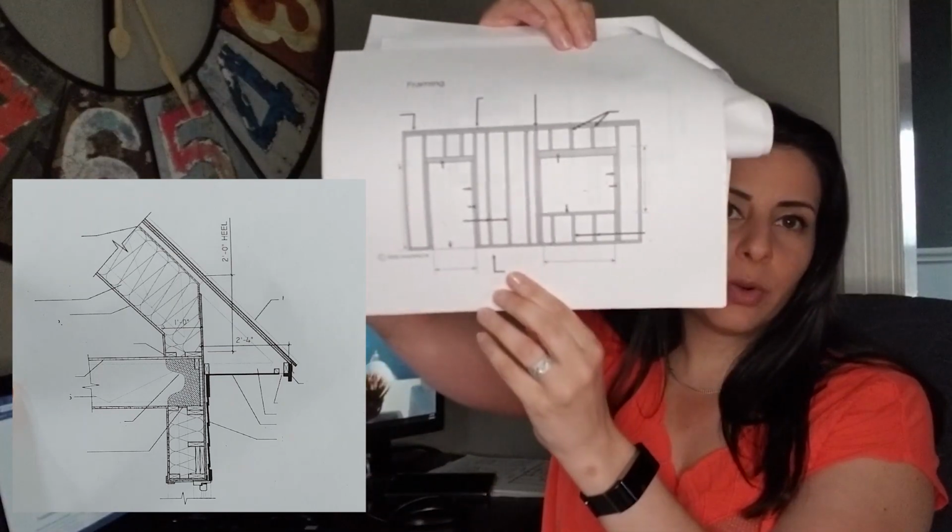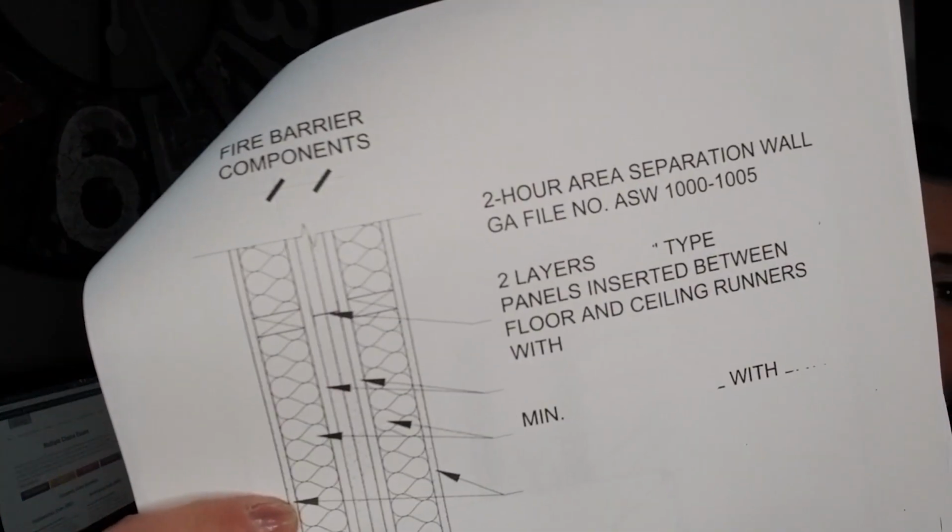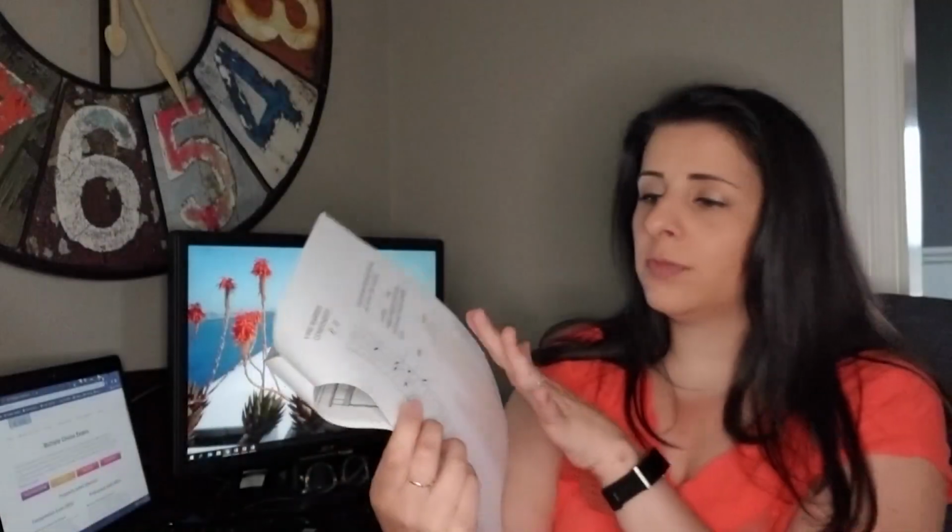Okay, I know this looks crazy, right? Window and door wall system. I'm a visual person, which I feel like a lot of people are. 1 hour fire rated, 2 hour fire rated. Fire barrier components. Okay, so like I said, I'm going to take some shots of this.